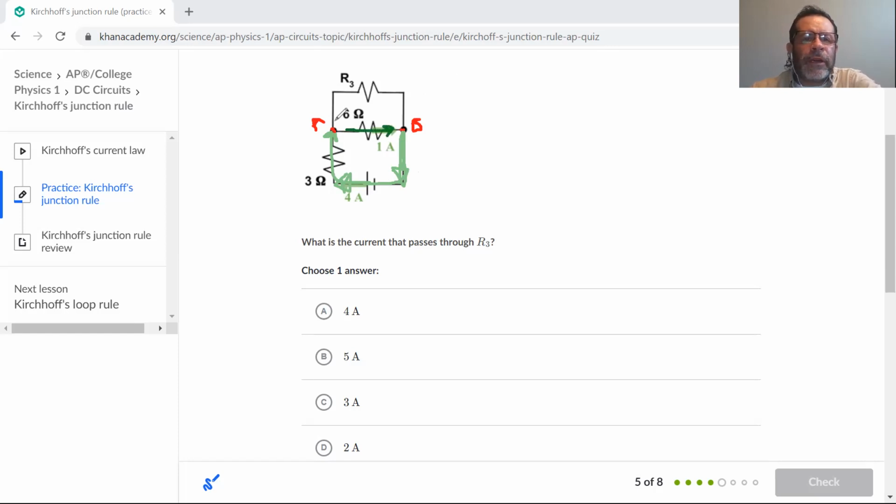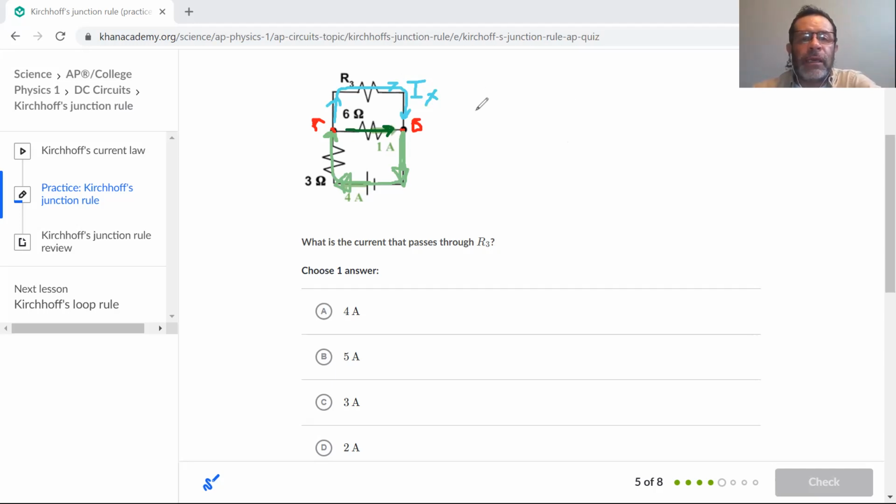And there should also be a current going through the 3 ohm resistor. Now, we don't know that current. That's the one they're asking us for. I'm going to call it IX.